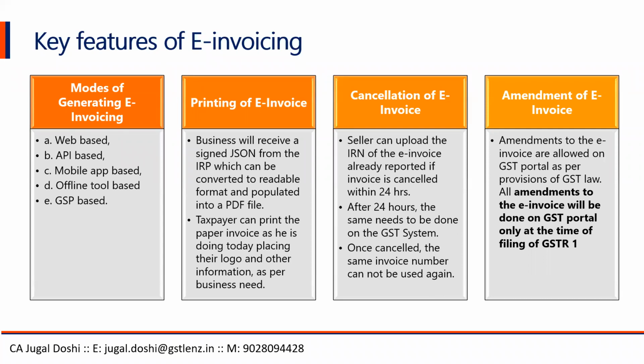we can generate e-invoice. So the first is web-based. We can log in at that portal and we can manually generate the e-invoice. When I log into the portal, there are 3 types of separate utilities, depending upon the nature of your transactions, whether it has item-wise details or not, etc. On this basis, there are 3 different Excel utilities, and through these Excel utilities, we can generate a JSON file which we would upload on the e-invoice website, and the e-invoice would be generated.